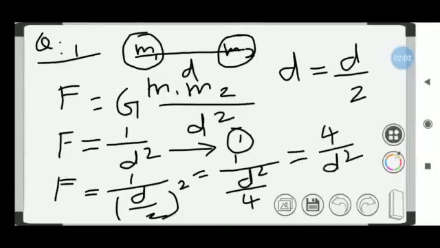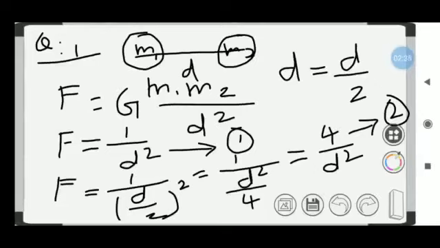See here, F is proportional to 1 divided by d square, this is equation 1, and this is equation 2. So what is the relation between these two? 1 divided by d square and 4 divided by d square. So when you reduce the distance between the two objects, the force will be 4 times greater than the previous one.